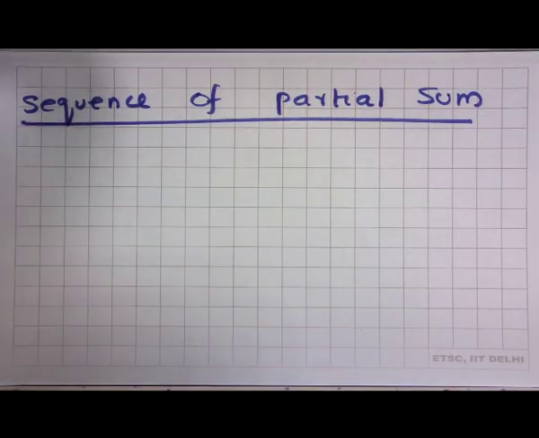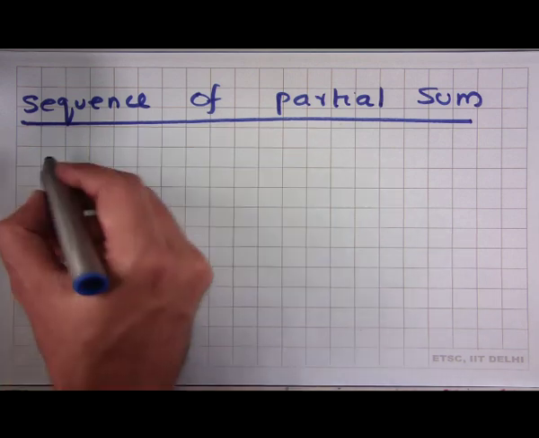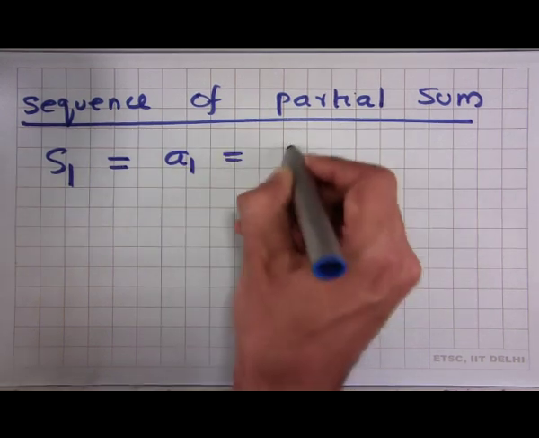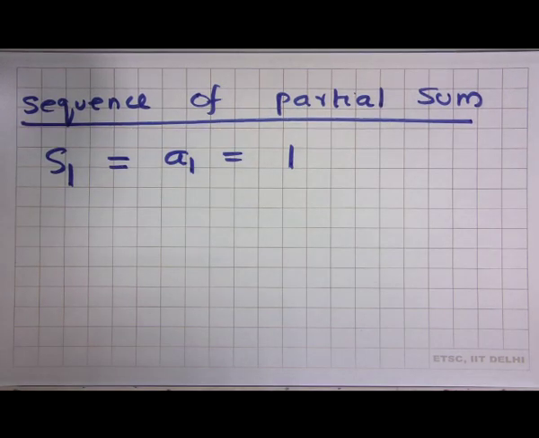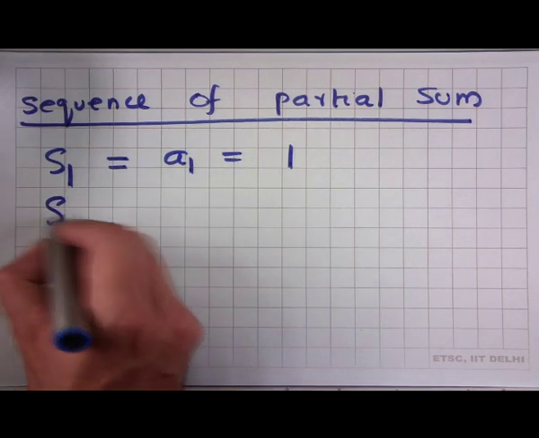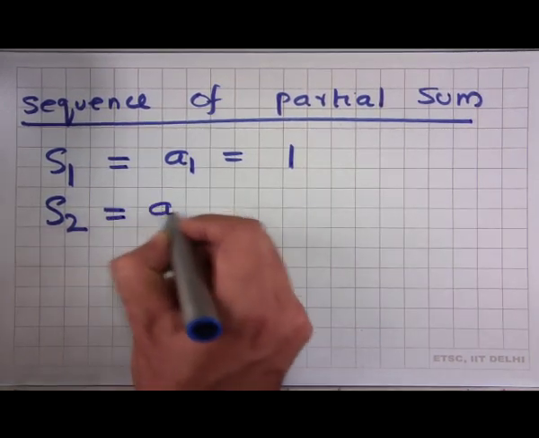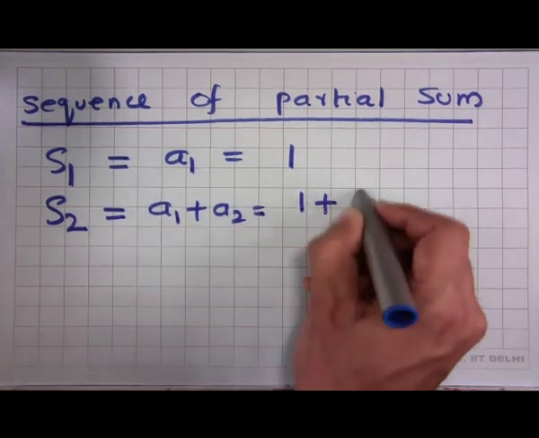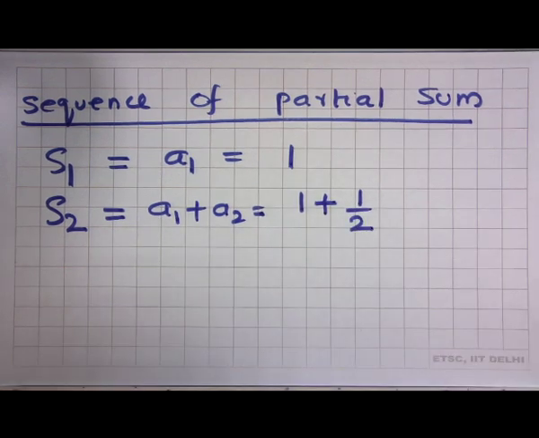The first partial sum, namely S1, is A1, which is 1. The second partial sum, S2, is A1 plus A2, here it is 1 plus 1 by 2. Observe that S2 can be found by normal addition.